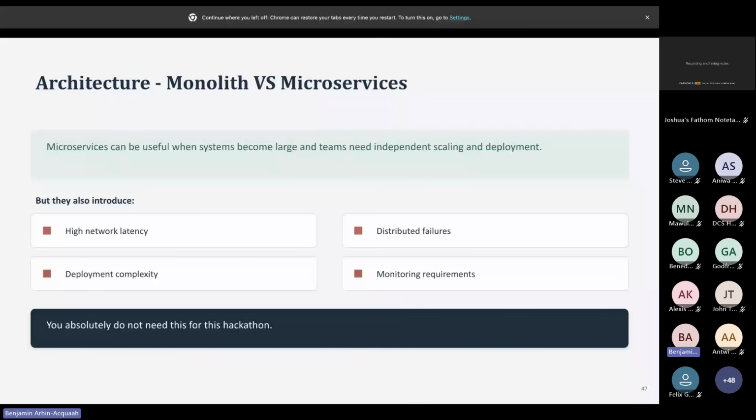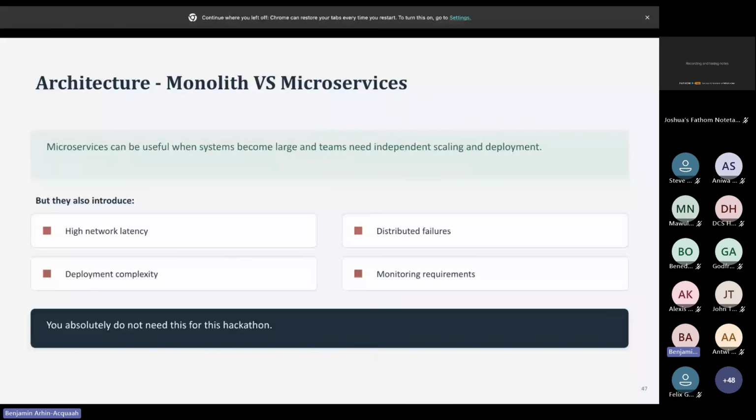What latency means is how fast your requests go through or your requests are handled. That's latency.